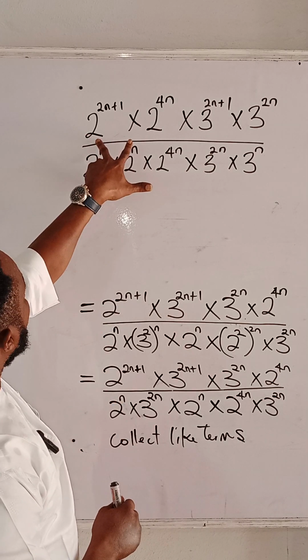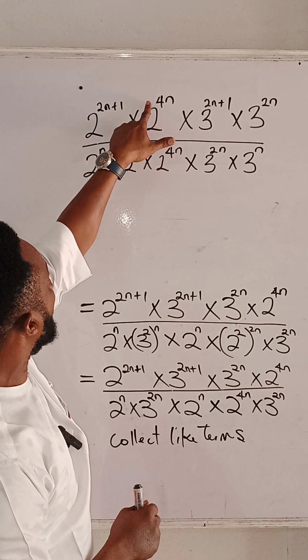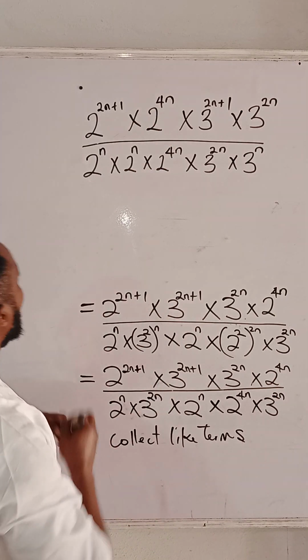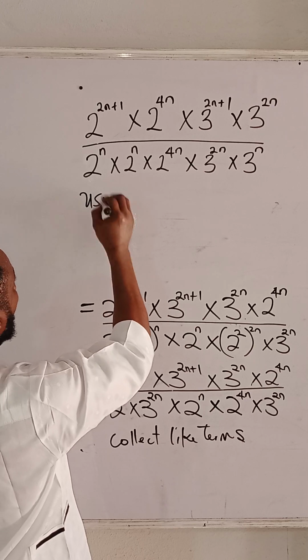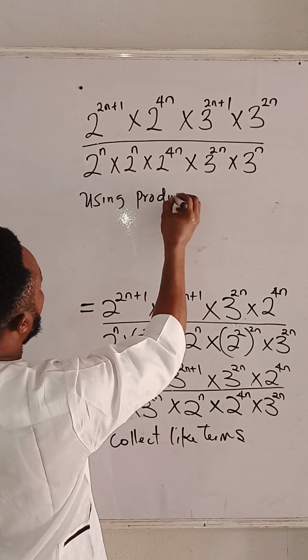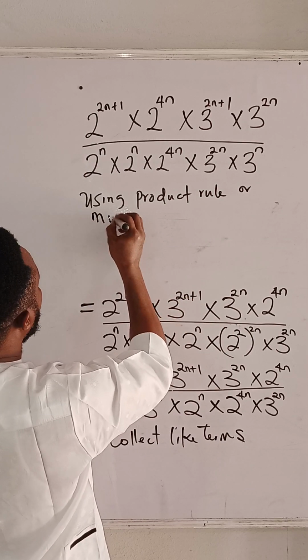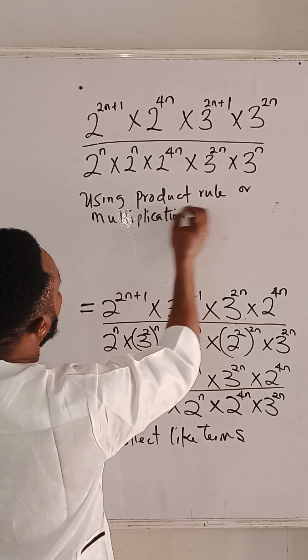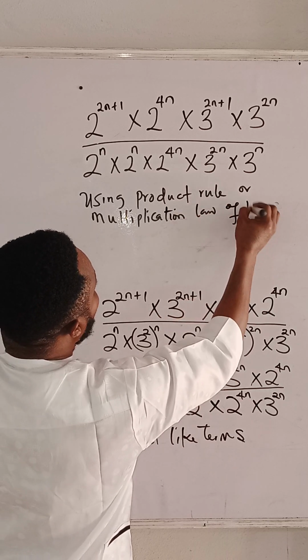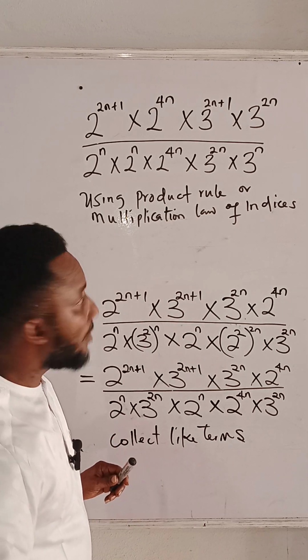Now, 2 to the power of 2n plus 1 and 2 to the power of 4n plus 1. We can use the product rule. Here, let me write it out in English. Using the product rule or multiplication law of indices.